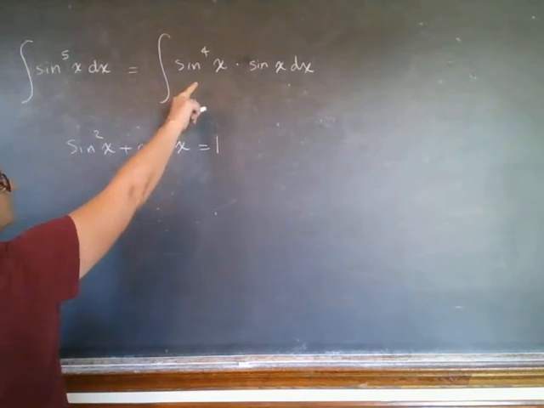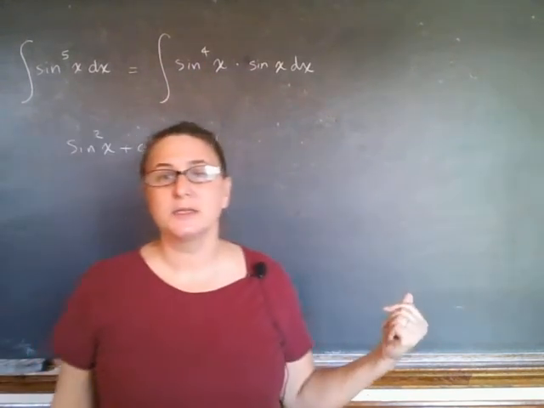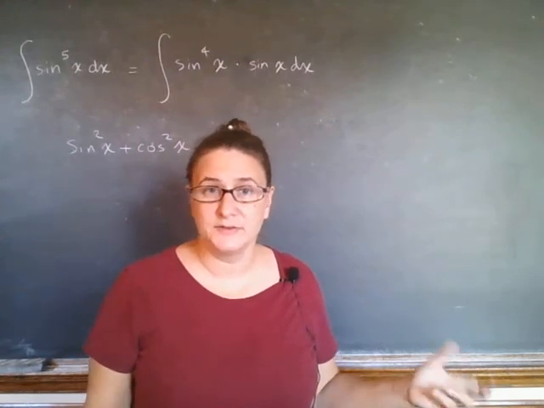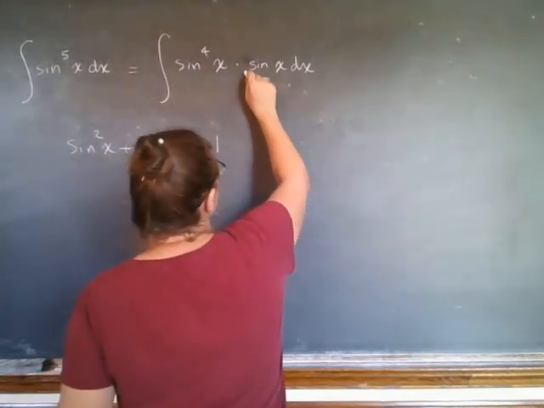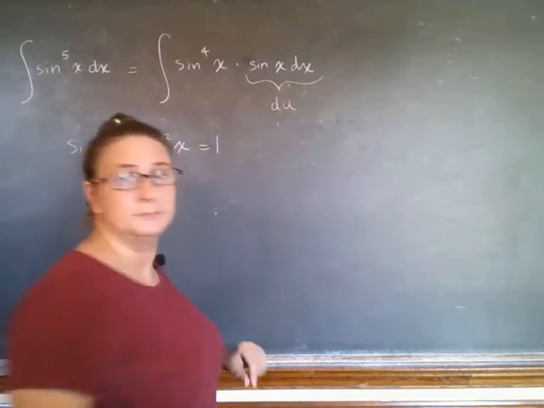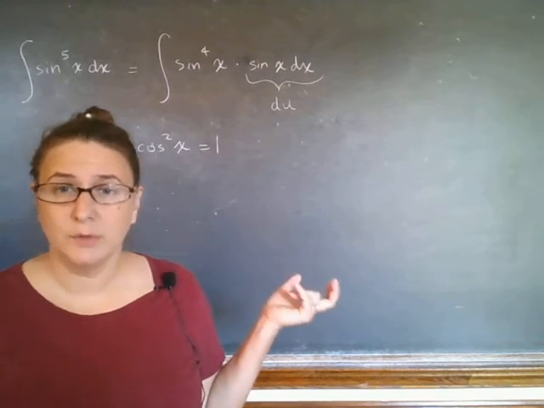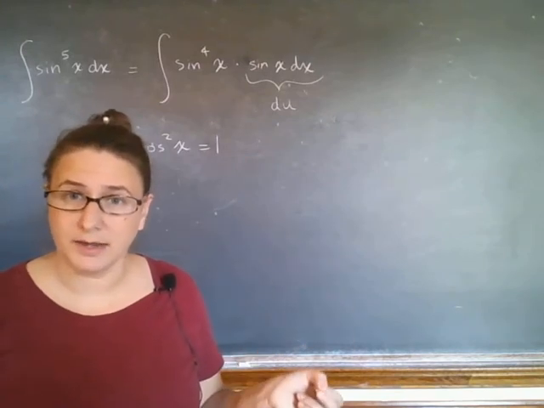Once I see that, I can substitute in here and make all those cosines. Why? Because the derivative of cosine is negative sine. The idea is that this guy is going to now become my du. So if sine x is my du, then u has to be cosine.